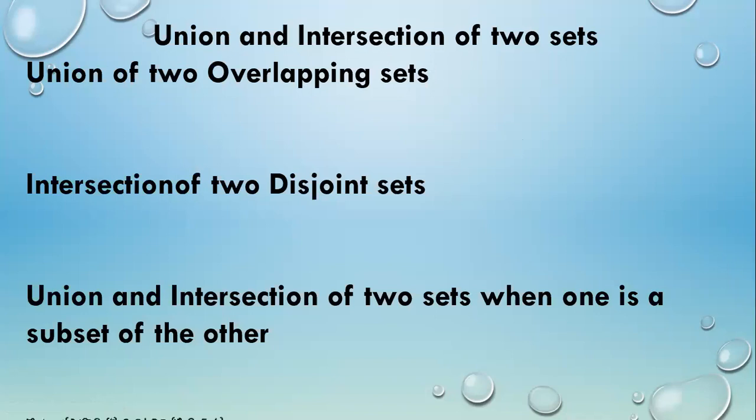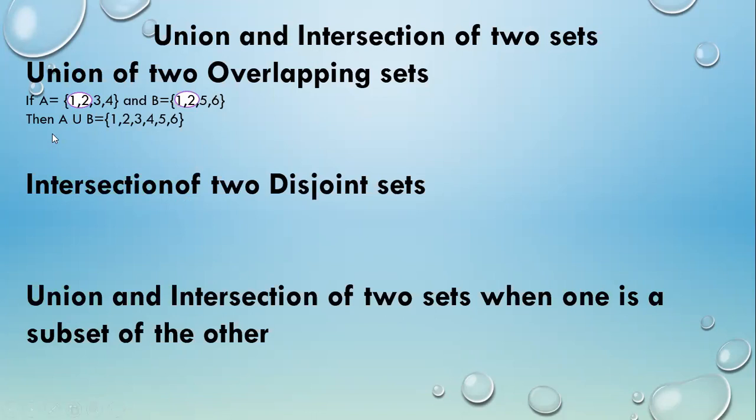For example, if A is equal to {1, 2, 3, 4} and B is equal to {1, 2, 5, 6}, look at the example carefully. These two sets are overlapping sets. How can I say that? Because in set A and set B the common elements are 1, 2 and a few elements are different, that is 3, 4 and 5, 6. That means A and B are overlapping sets, right?